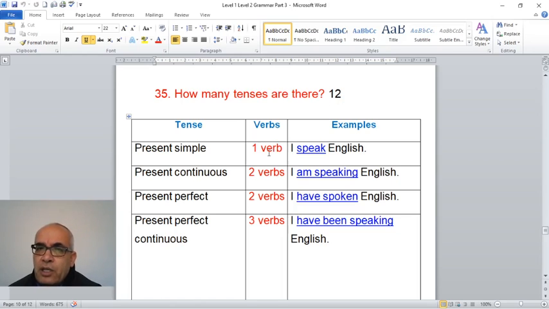I repeat, present simple has one verb, past simple has one verb, the other 10 tenses have 2 verbs or more, as you can see here. So only present simple has one verb, the other tenses 2 verbs, 3 verbs.